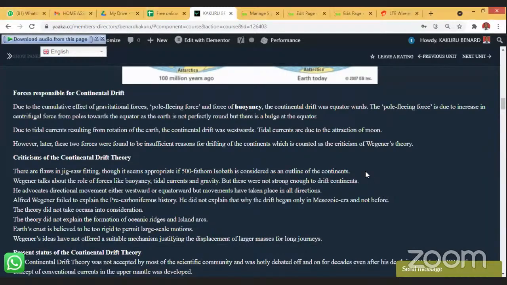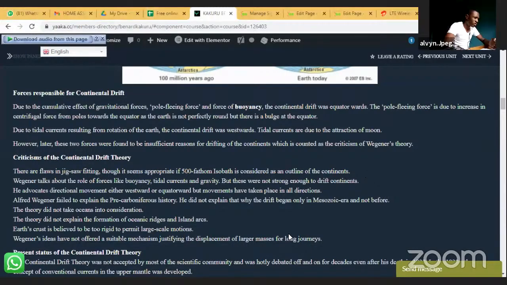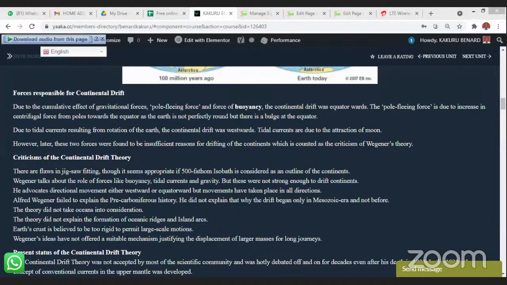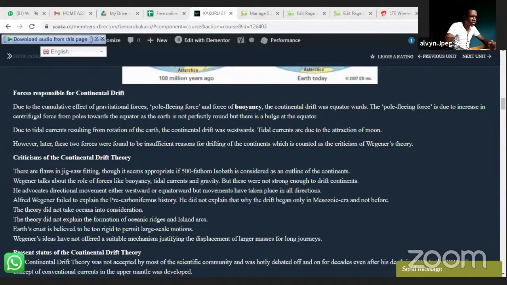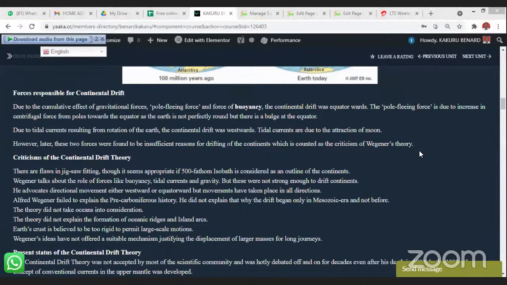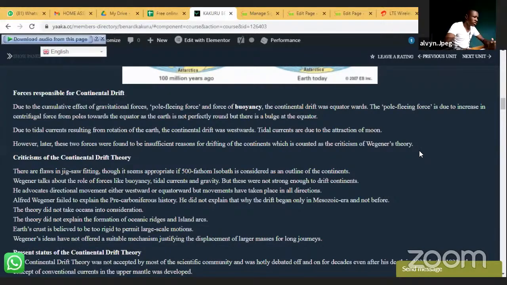Forces responsible for continental drift were due to the cumulative effect of gravitational forces, pole-fleeing force, and the force of buoyancy. The continental drift was equatorwards. The pole-fleeing force was due to increasing centrifugal force from the poles towards the equator, as the Earth is not perfectly round and there is a bulge at the equator.